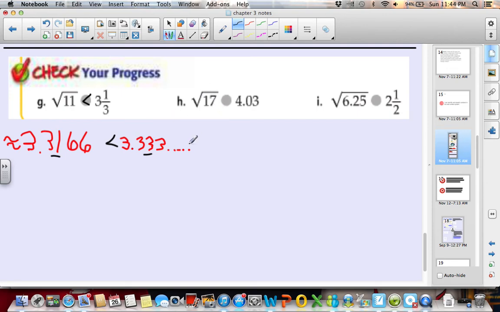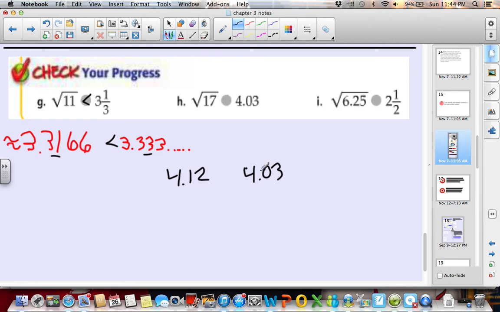Square root of 17 is 4.12, and then I have 4.03. Okay, well, our whole numbers are the same, so that's why I'm looking at our tenths place.